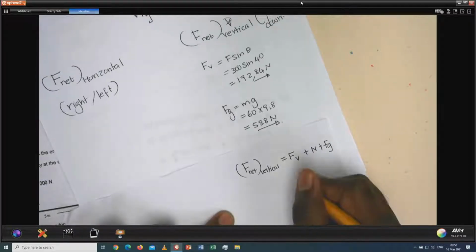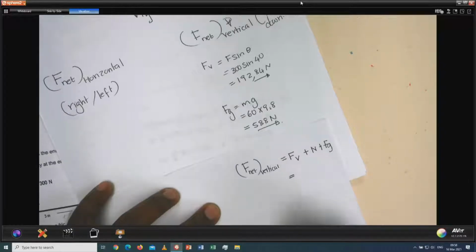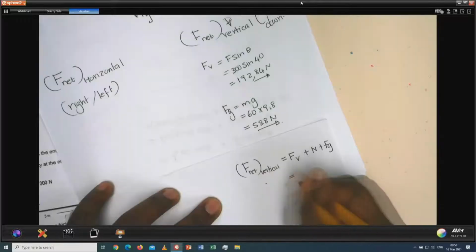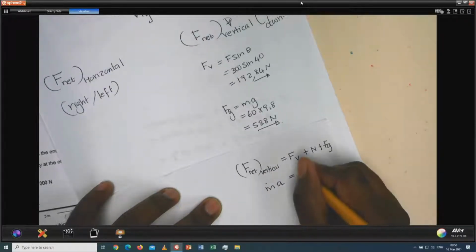Then we can say that from Newton's second law, the net force is equal to the mass of the object times its acceleration.